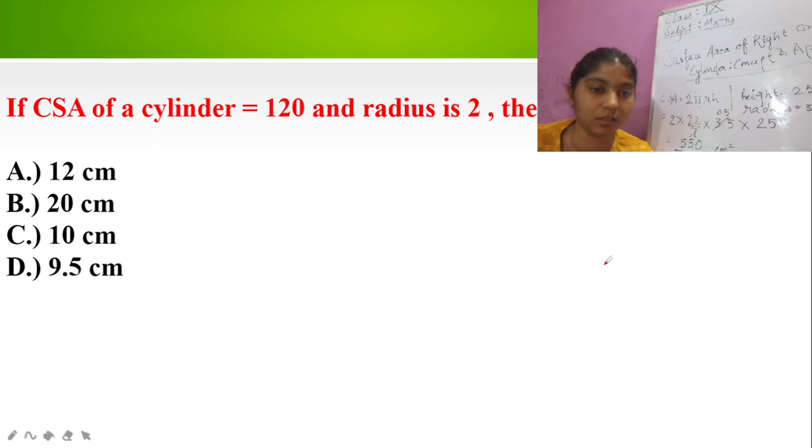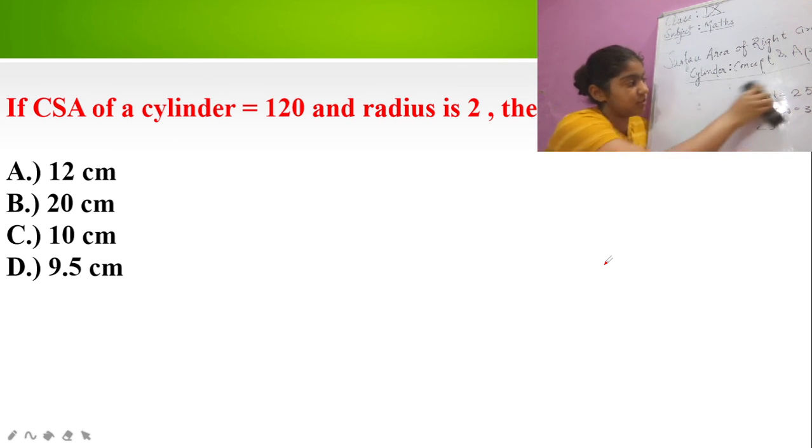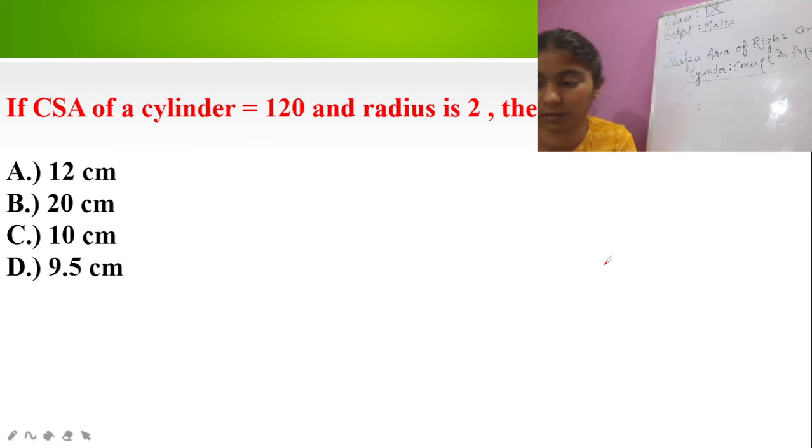Okay students, now it's your task. I've given a question to you, do it, and the options are also given to you. So do it and tell me the answer and which option is the correct one. Yes, so what we have, curved surface area is given to us and radius is given, but now height is not given to us.